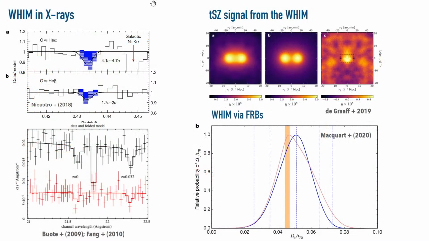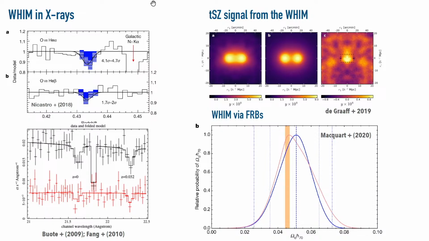This is oxygen 7, helium-like absorption happening here at X-ray wavelengths, and using some very careful analysis, they have tried to argue that this absorption is not arising in the individual halo of a galaxy, but is rather arising from the hot phase of the intergalactic medium, the WIM.